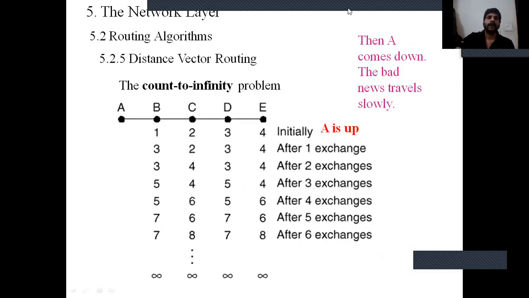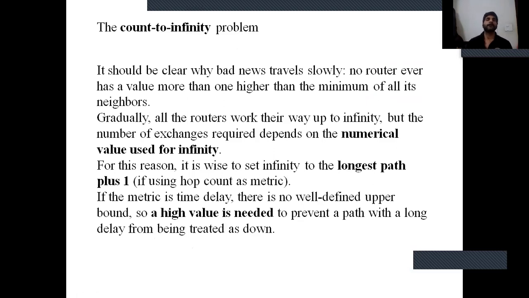Now count to infinity: initially A is up, and after one exchange, two, three, four exchanges the values increase, and after n exchanges all values reach infinity. The concept was explained in the previous slide, so the count to infinity problem should be clear.